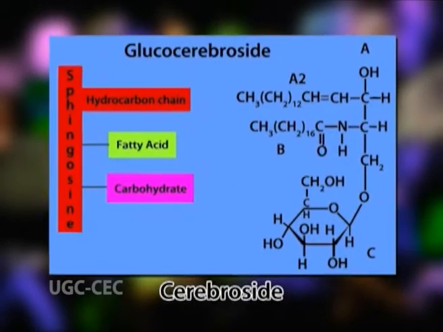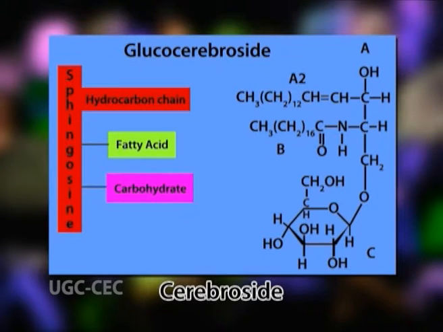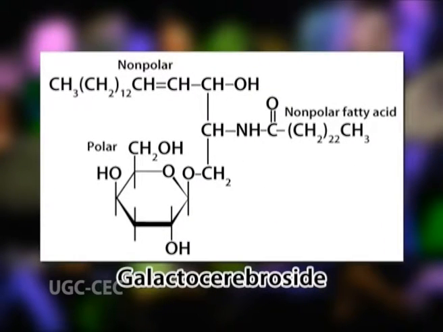The second type, that is cerebrosides, consists of a ceramide unit bonded to either a glucose or a galactose molecule. Based on the sugar moiety bonded to the ceramide, the two types of cerebrosides are glucocerebrosides and galactocerebrosides.